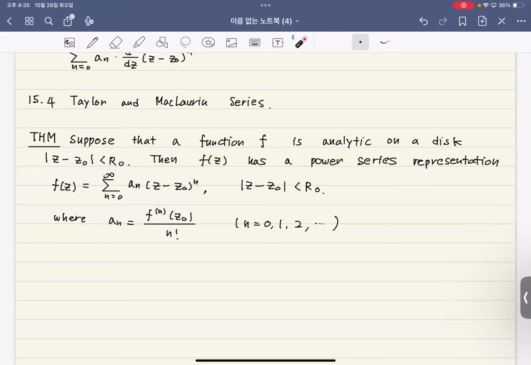Being infinitely differentiable does not guarantee the Taylor series of that guy is actually the original function. However, in our case, if my function is analytic, then being analytic automatically means that your function is infinitely differentiable. And in this case, it has the Taylor series, and the Taylor series is guaranteed to converge to the original function in this radius of convergence. Right? This is the crucial difference.